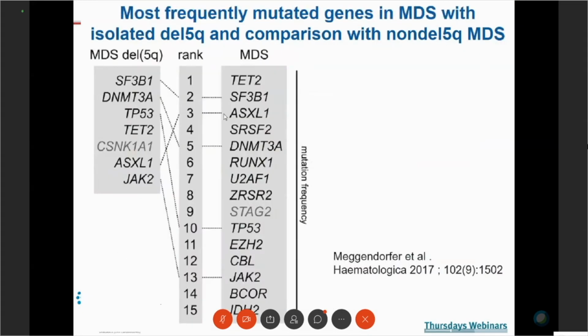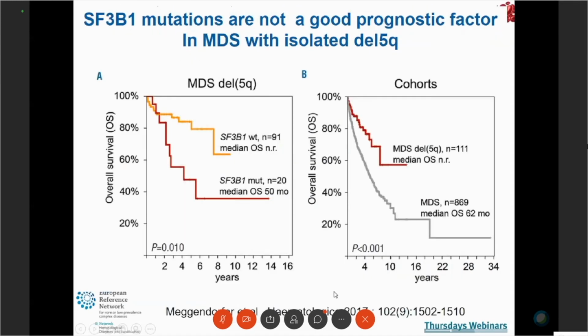In del(5q), there are several mutations, and they are a little bit different in frequency from the ones we see in non-del(5q) MDS. One is peculiar, that is casein kinase 1 mutation, but the prognostic impact is different. In del(5q), SF3B1 mutation has no good prognostic impact, differently from non-del(5q).